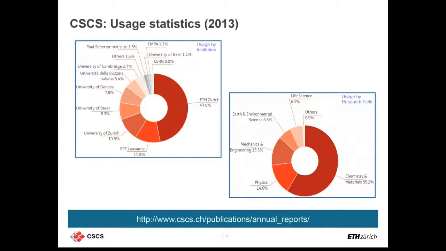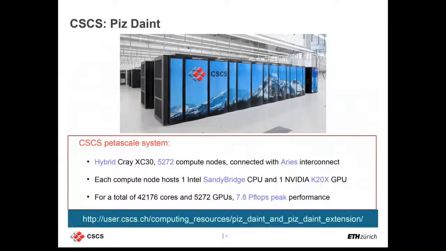So Piz Daint is the CSCS main production system. It's a Cray system made of hybrid nodes, which means that each compute node hosts one CPU and one GPU. In that case, it's one Intel Sandy Bridge CPU and one NVIDIA Kepler GPU.